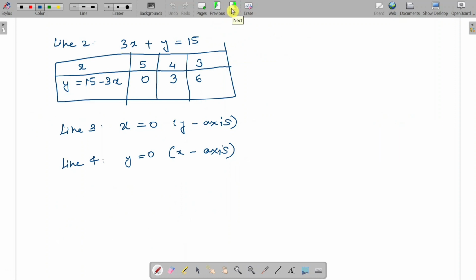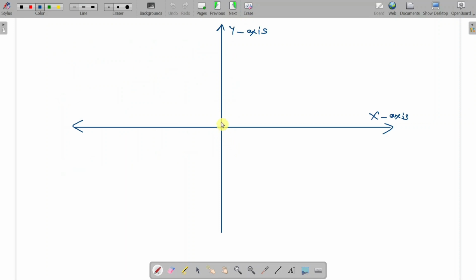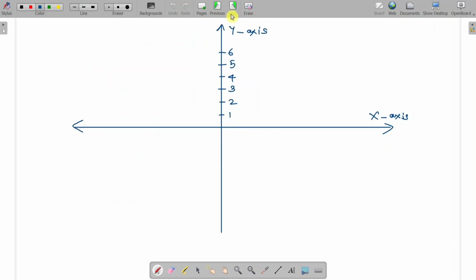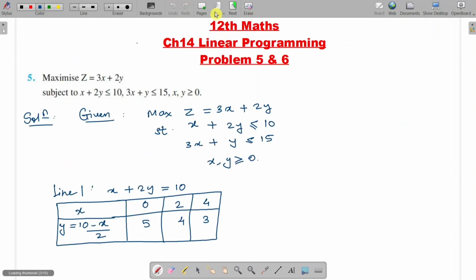So it is 1, 2, 3, 4, 5, 6, and here 1, 2, 3, 4, 5, 6.